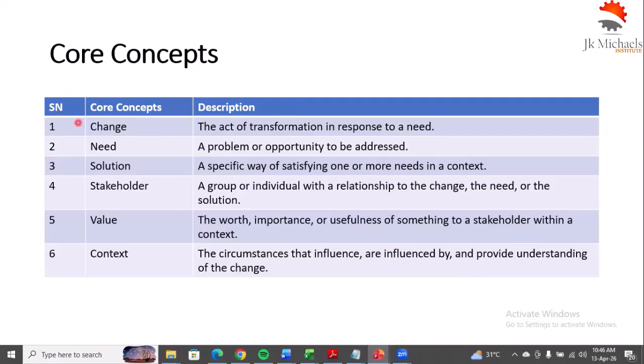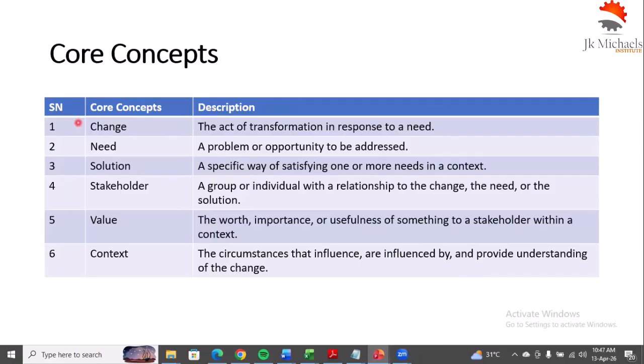So yes, the goal of business analysis is, to a very large extent, to ensure that the stakeholders receive some kind of value. Now, this value or this worth or this usefulness is what we understand to be value when applied in a context for a stakeholder.